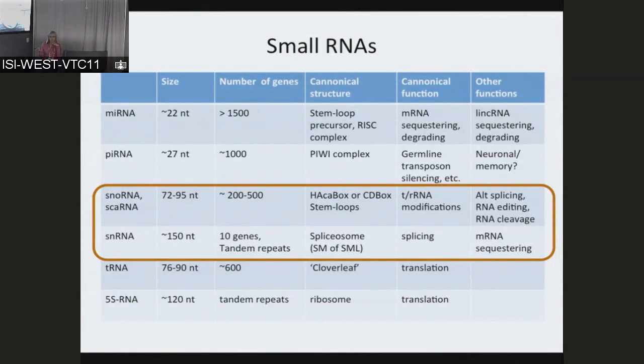It's a little bit under discussion exactly how many there are. And many of these are not involved in the canonical functions of transfer and ribosomal RNA modifications. And there's an emerging body of evidence that they're involved in all kinds of other RNA dynamics, alternative splice selection, RNA editing, RNA cleavage. And even those that are involved in the ribosomal RNA modifications, there's some suggestions that these might be physiologically varying between different cell types and different conditions and have effects on cell behaviors.